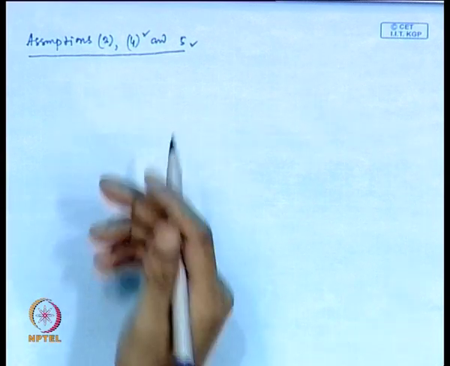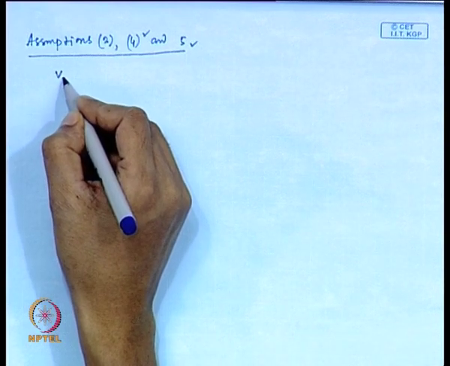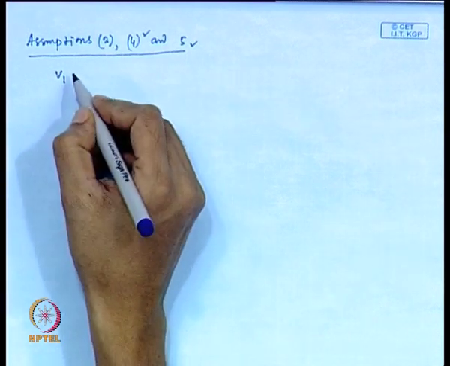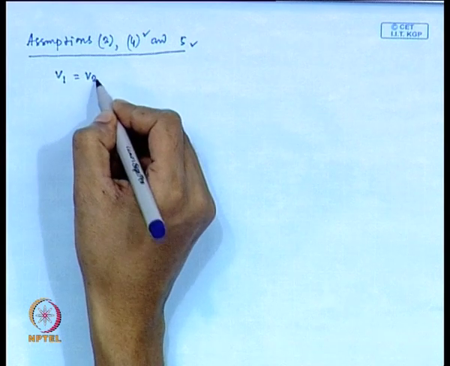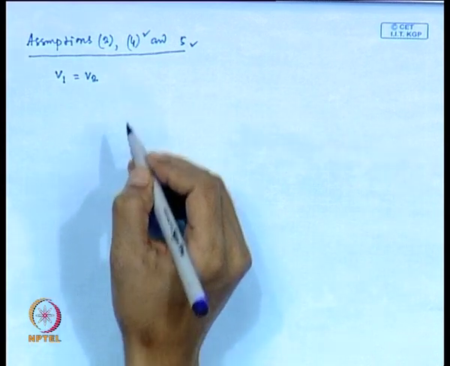Can we write, based on these 3 assumptions, that all the vapor flow rates are identical? I mean, the vapor stream leaving the first tray equals the vapor leaving the second stage.